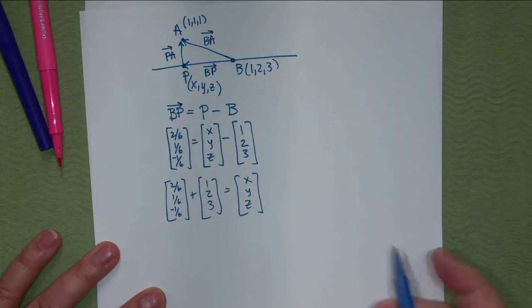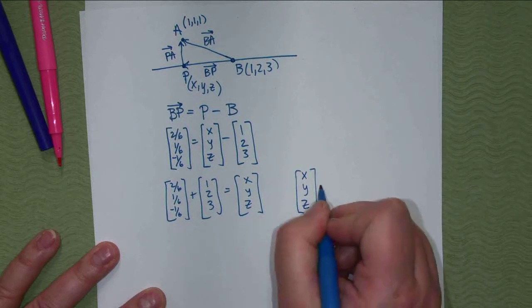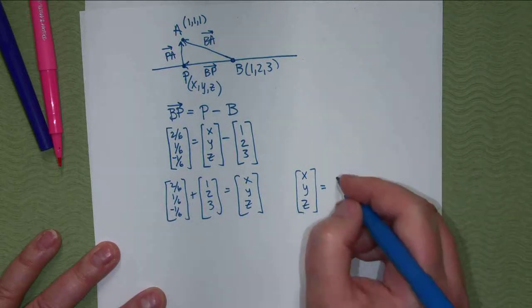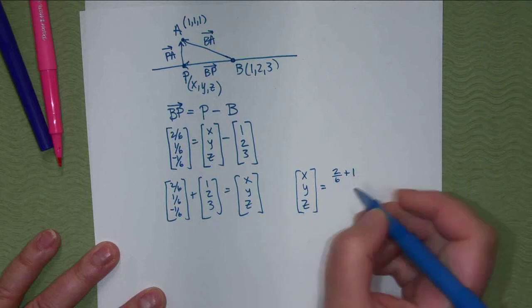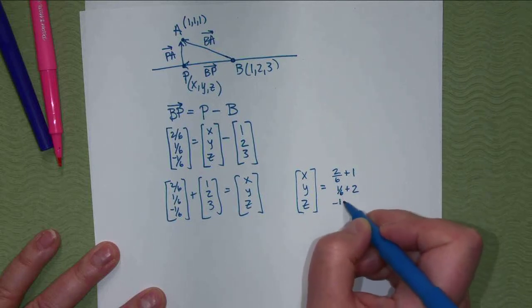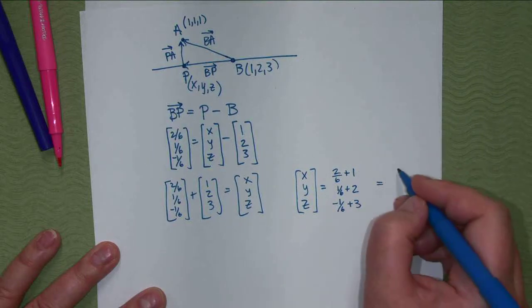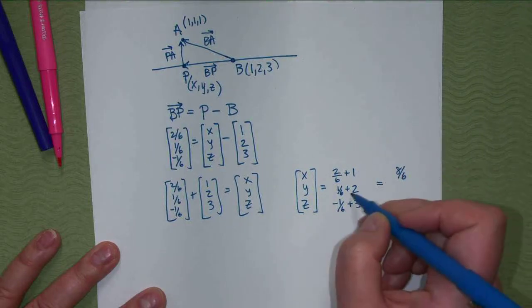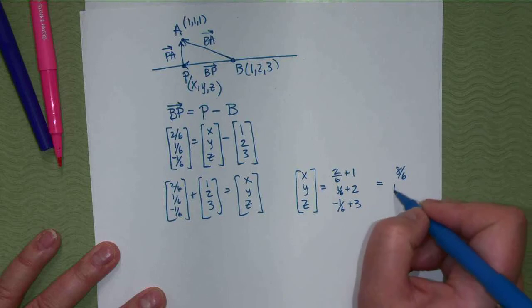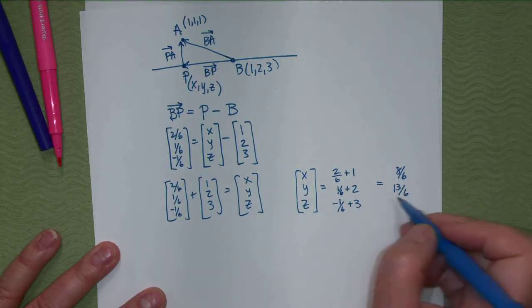So X, Y, Z is 2/6 plus 1, 1/6 plus 2, and -1/6 plus 3. 12, 13, and 3 is 18 minus 1, 17.